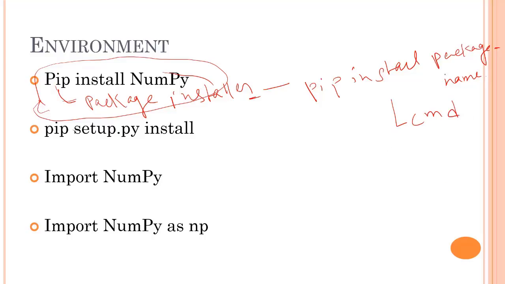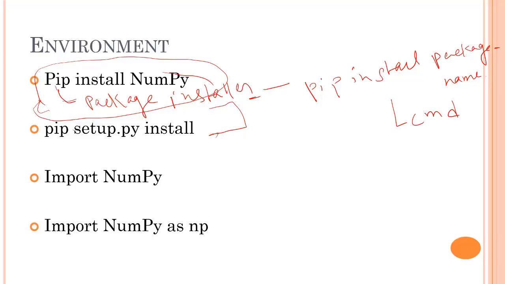This is one way to install. Sometimes when you download Anaconda Navigator, NumPy is installed by default, so that time there is no need to install NumPy. You can import it directly and use it.